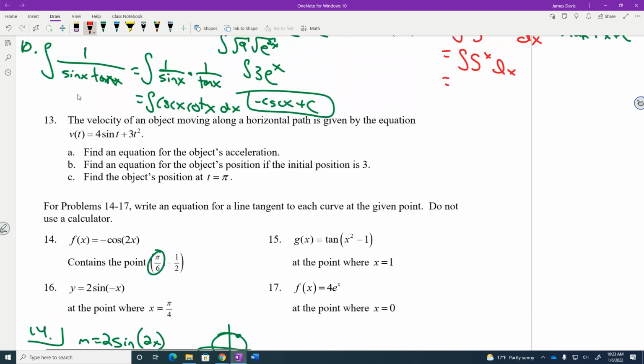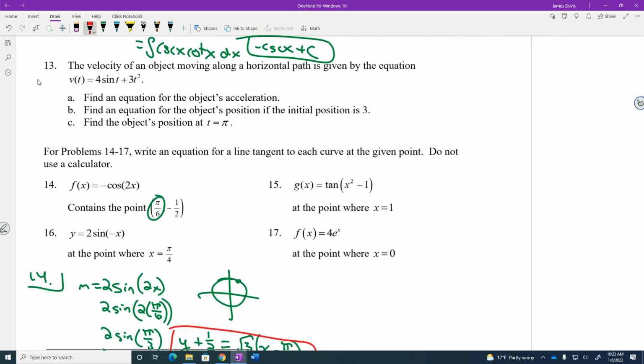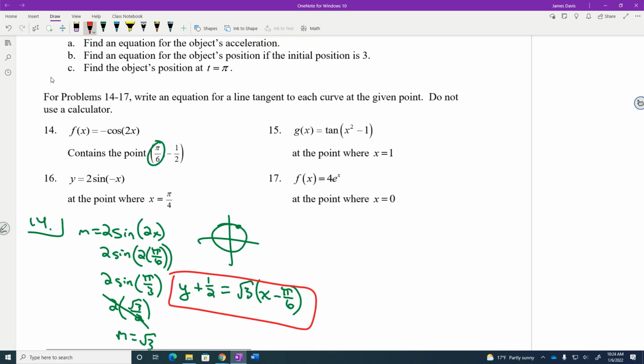So what I would like for you to do tonight is up through 13, and then also we need to try one more. Do you guys want to do 15 or 16? Whichever one is most painful. All right, Preston. 16, because I like that one easier. Yeah, I think 16.